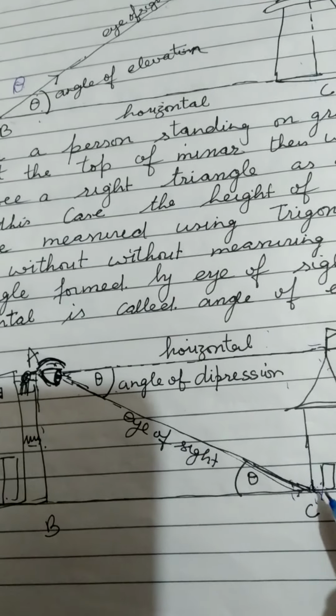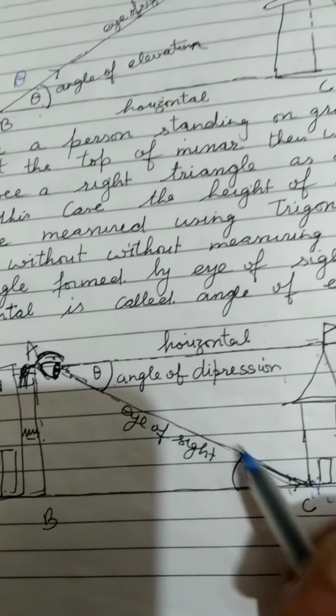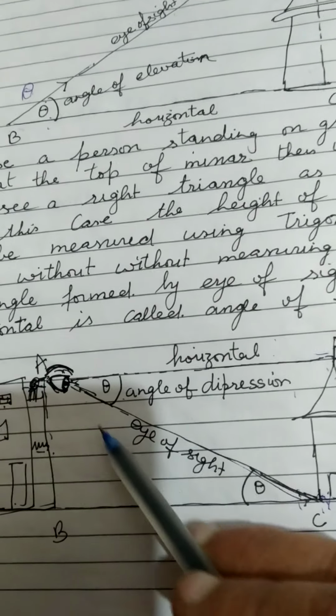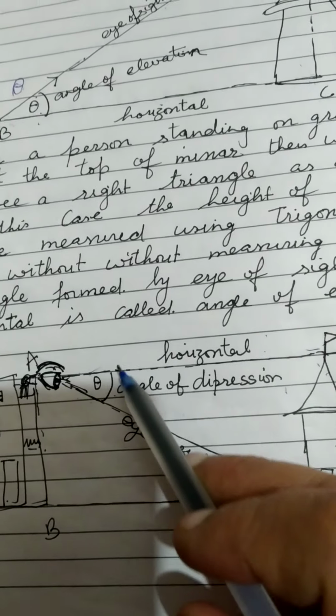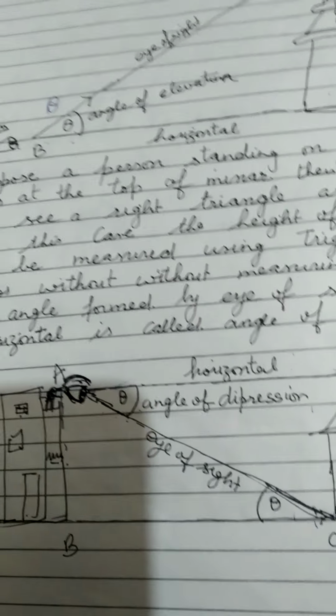The person is looking at the ground of the temple, therefore the angle between the line of sight and horizontal is called angle of depression.